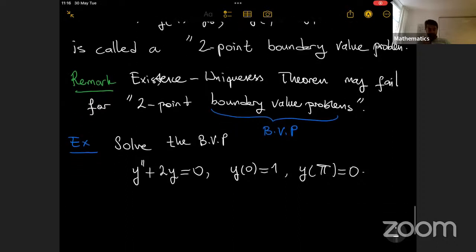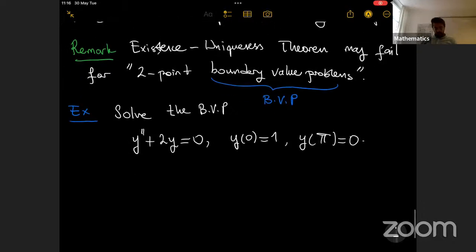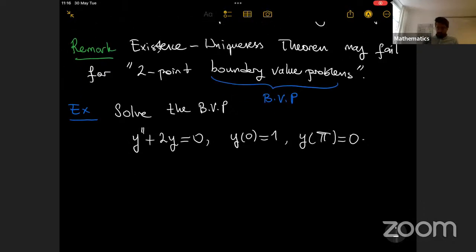So let us try to solve this. It's an easy second order differential equation. It's homogeneous, coefficients are constant.